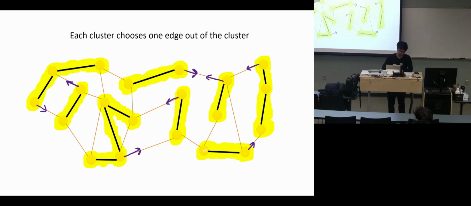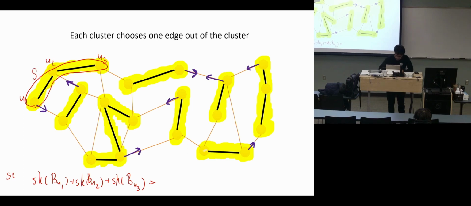Very good. So if these are nodes U1, U2, U3, what we have is the sketch of BU1, BU2, and BU3. But if we add them together, let's call this a set S, then this would be a sketch of BS, because this sketch is linear.